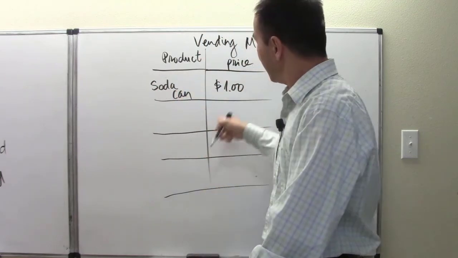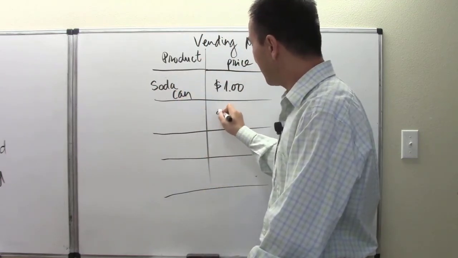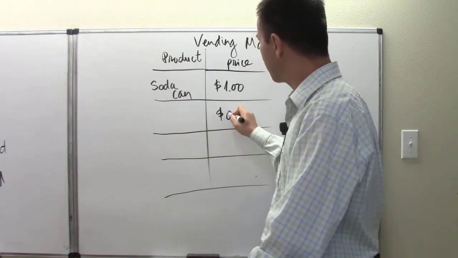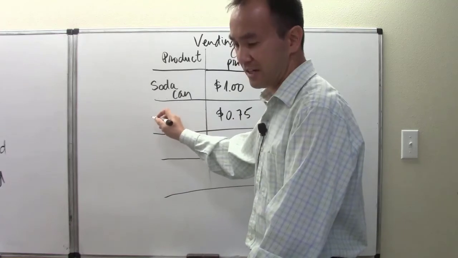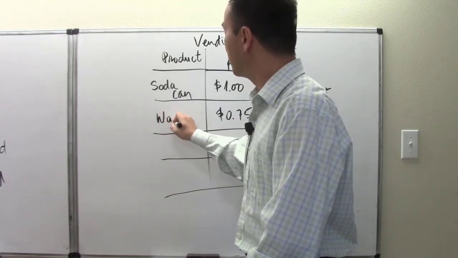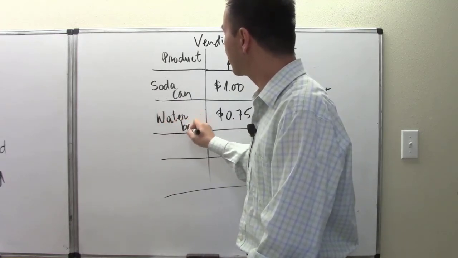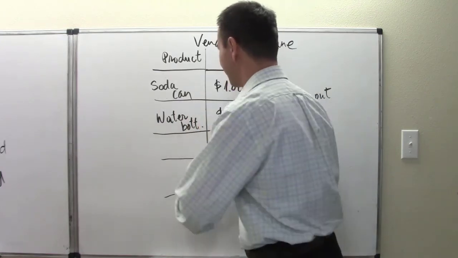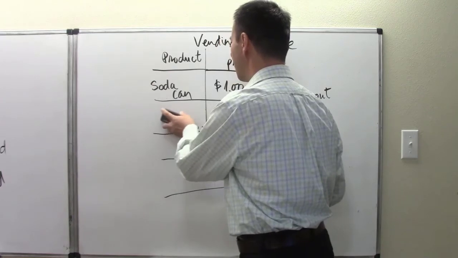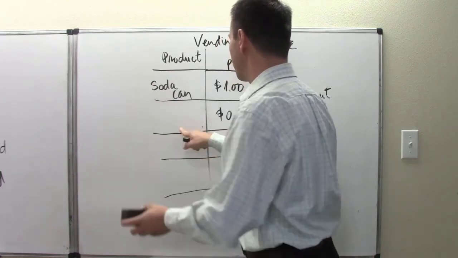And when you give the machine 75 cents, the machine gives you a water bottle. Actually, looking back at my old note, this was supposed to be a snack.